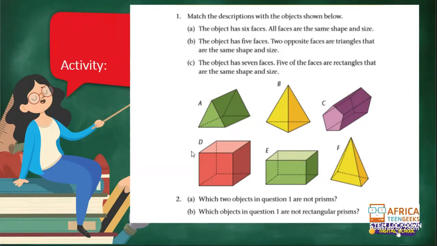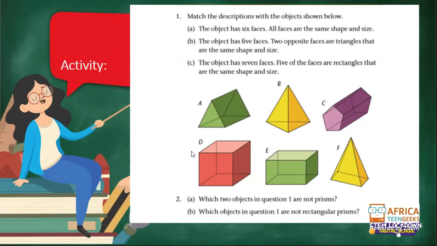So now we're looking at B. Which objects in question one are not rectangular prisms? So we're not going to include B and F because we already know that those two are not prisms. So we should focus on A, C, D, and E, right?